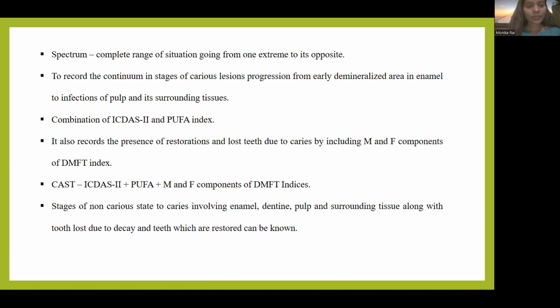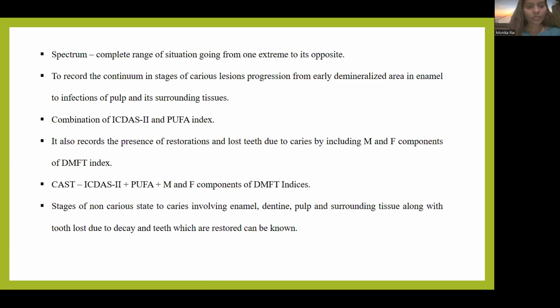Spectrum means a complete range of situations going from one extreme to its opposite, to record the continuum in stages of carious lesion progression, from early demineralized areas in enamel to infections of the pulp and its surrounding tissues, combining ICDAS-II and the PUFA index.